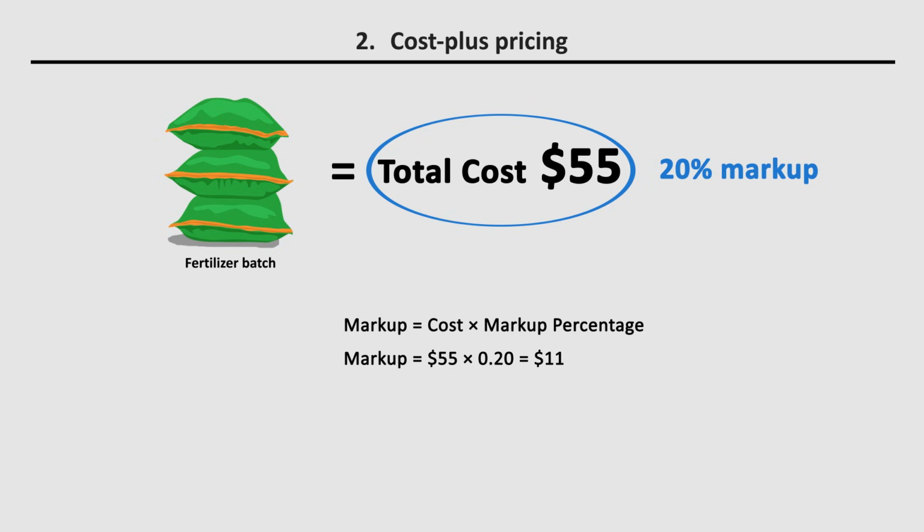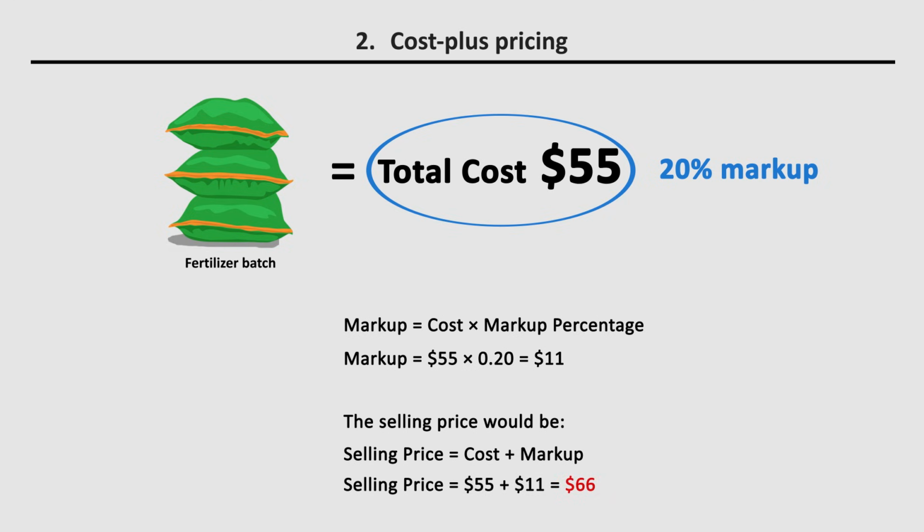Markup equals $55 multiplied by 0.20, which equals $11. Therefore, the selling price equals cost plus markup. Selling price equals $55 plus $11, which equals $66.